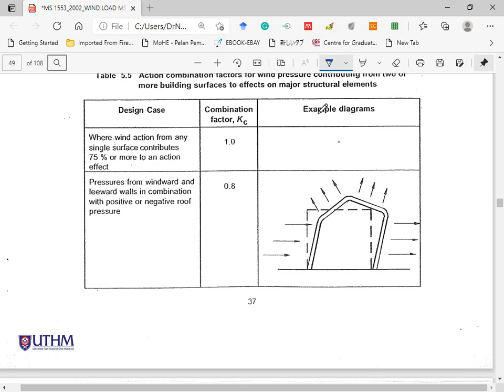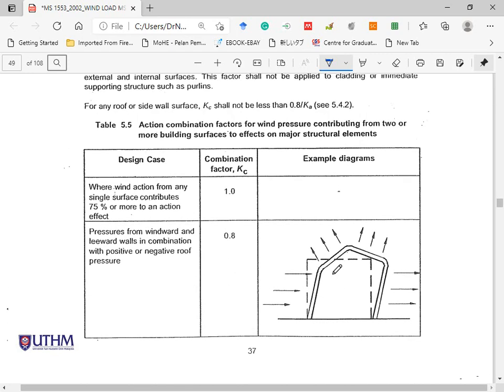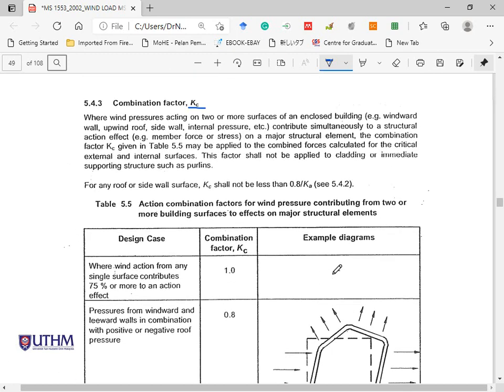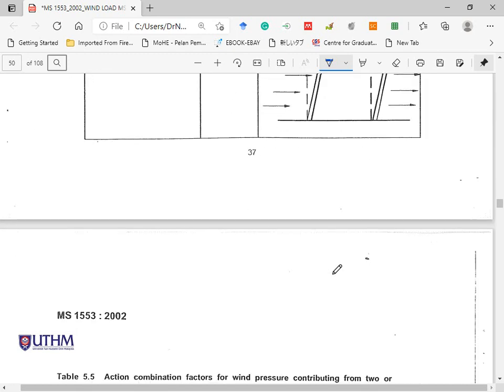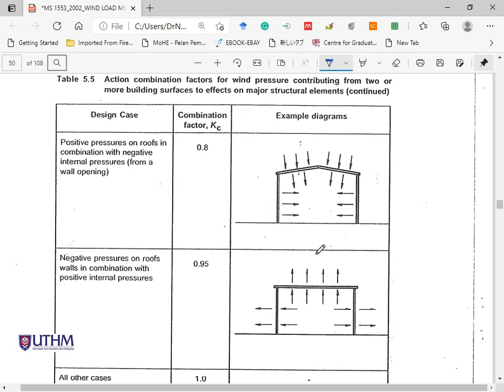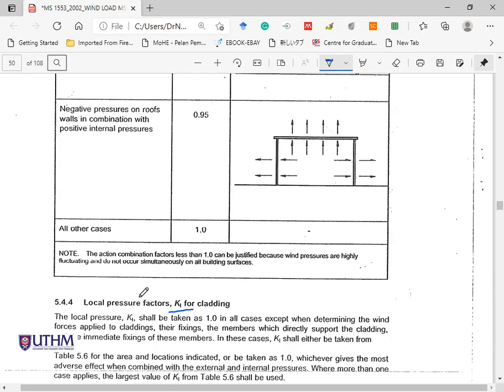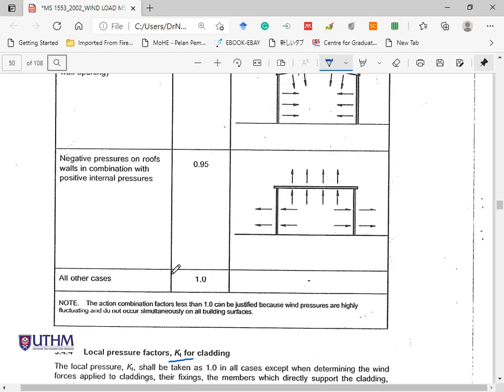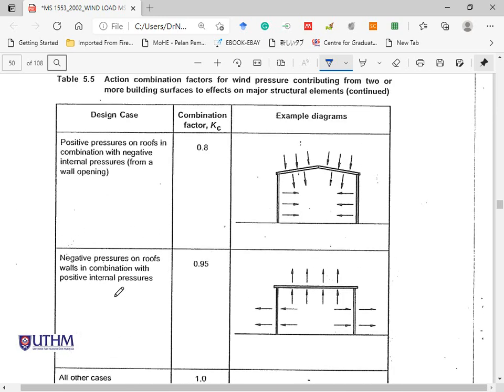This is the example diagram due to the combination action, and this is the example diagram for design case number 3, number 4. For all other cases, basically we take it as 1, unless stated in the design cases here.